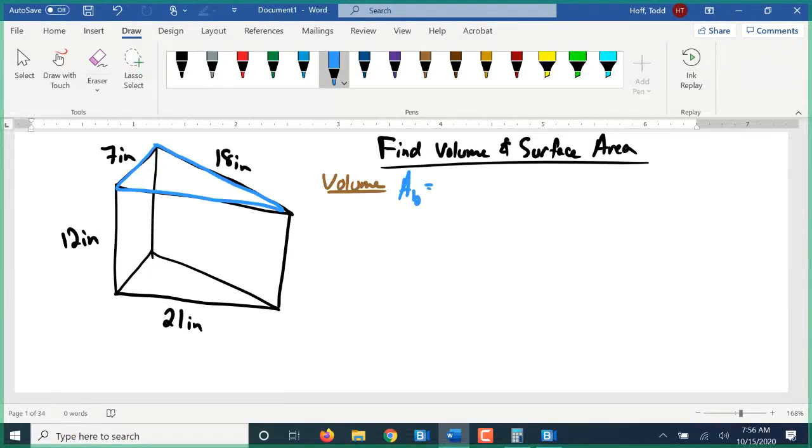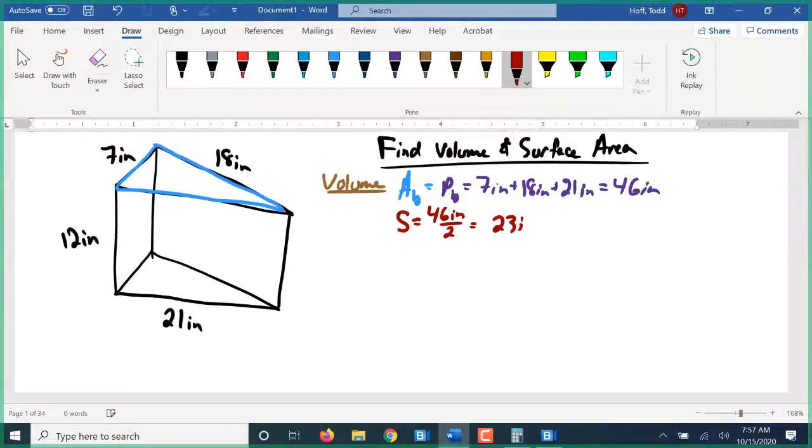So to find its area, the first thing we have to do is find the perimeter of the base. 7 inches plus 18 inches plus 21 inches gives us 46 inches of perimeter. From there, we're going to define the semi-perimeter, which is half of the perimeter, which is 23 inches.